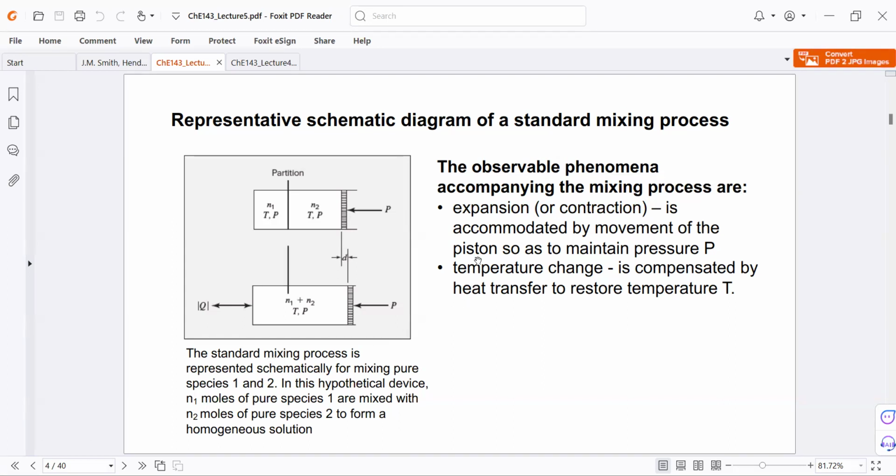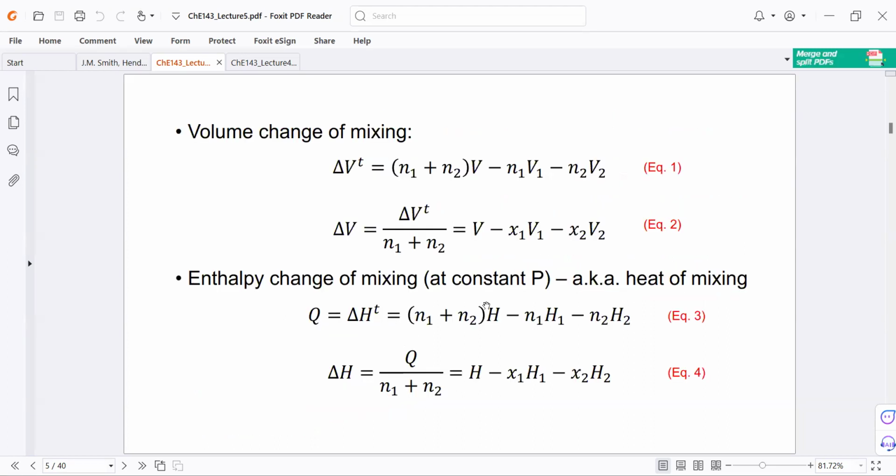And then another thing that happens is there's a temperature change, and this is reflected by heat transfer to restore temperature T. That's why there is Q here. So that is what happens when there is mixing. There's volume change and temperature change.